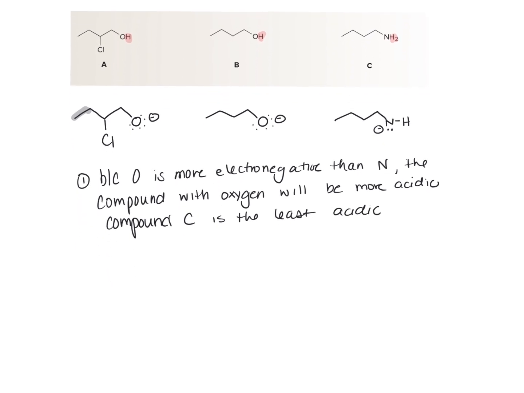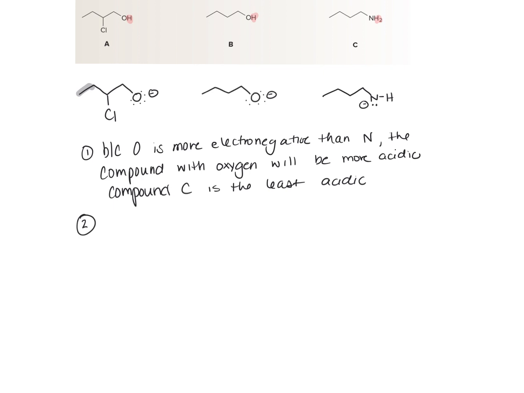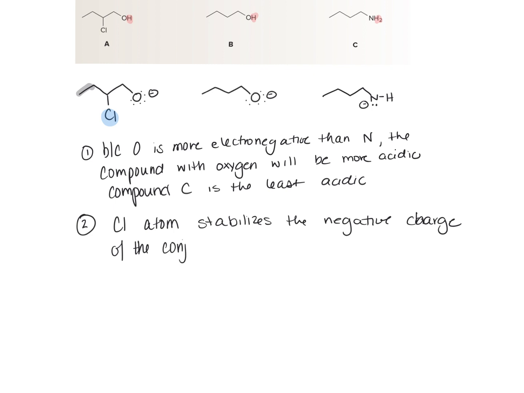Then we can go and evaluate A and B. The only difference between compounds A and B is the presence of the chlorine right there. That's the only difference between them. The chlorine atom is going to stabilize the negative charge of the conjugate base, making it more acidic.